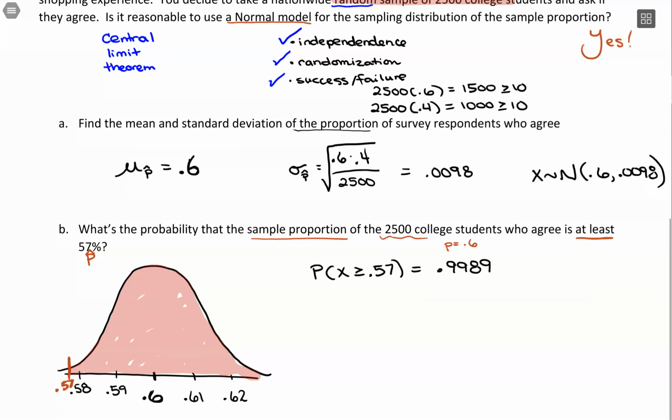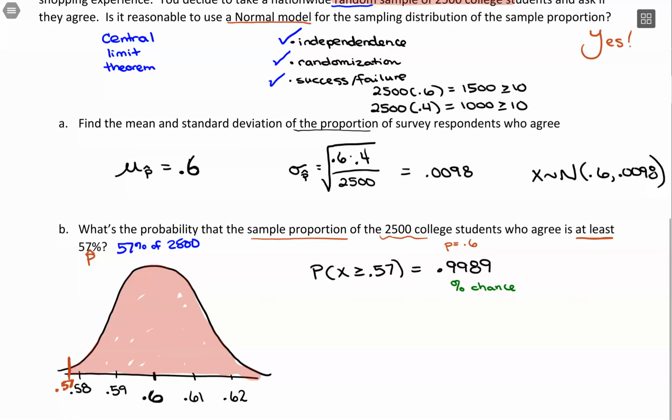So like this 57% that's coming through, it's 57% of 2,500 college students. This probability that we're getting out, this 99.89, this is a percent chance. So we have these percentages coming through, but when it's a proportion, it's a percent of a group. And with probability, it's this percent chance or percent probability.